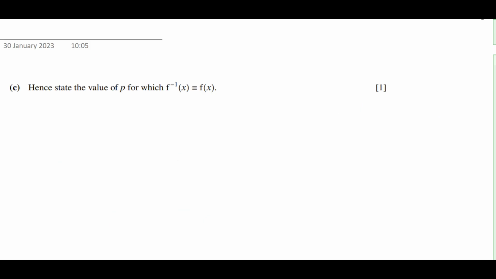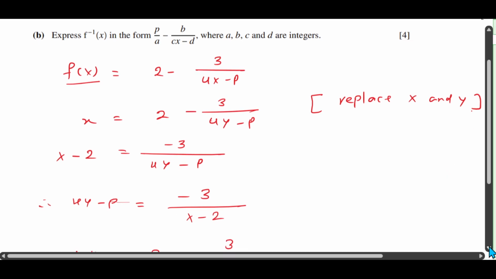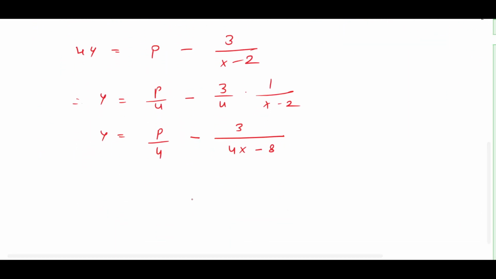Now the next part is: hence state the value of p for which f inverse x is equal to f(x). So we have f inverse x is equal to f(x). f inverse x is p divided by 4 minus 3 divided by 4x minus 8.